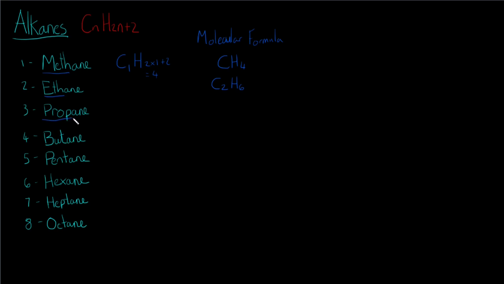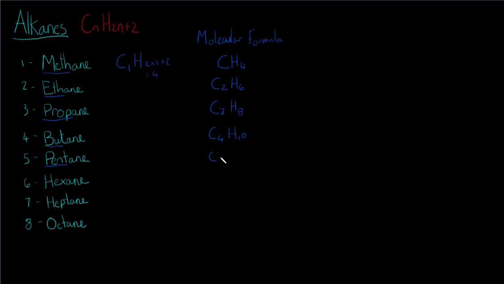Prop, well, we now know that means we've got 3 carbons, so when n is 3, using our general formula, how many hydrogens do we have? We've got 2 times 3 is 6, plus 2 is 8. And we can go on and down and fill in the rest of these now. But means we've got 4 carbons, and we would therefore have 10 hydrogens using our general formula.